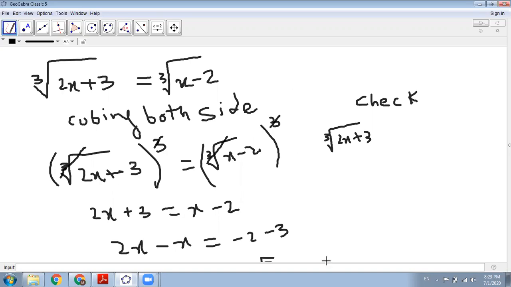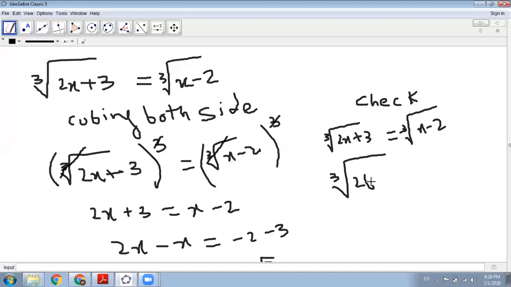You can draw a line here to separate it from the question, or you can do it down after the solution. So it's up to you. You can use the right side of the copy, or you can do it at the bottom of the page. Okay, now we place the value of x in this radical equation and try to find whether both sides are equal or not.